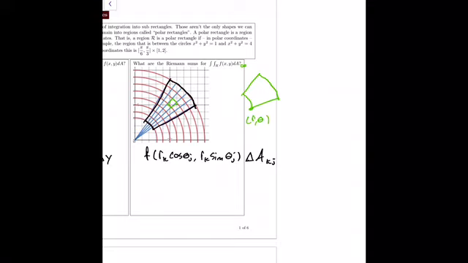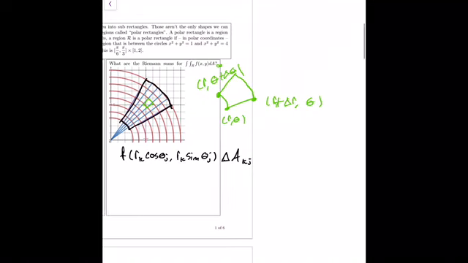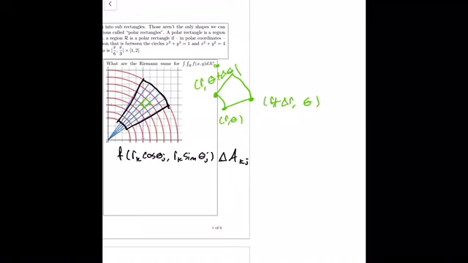Well, if the coordinates of that point are r, theta in polar coordinates, then the coordinates of this point are r plus delta r, theta, and the coordinates of that point are r, theta plus delta theta. This is not a rectangle. This is a polar rectangle, but is not an actual rectangle.